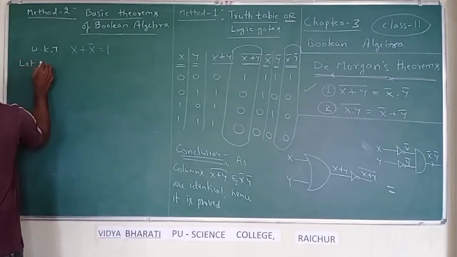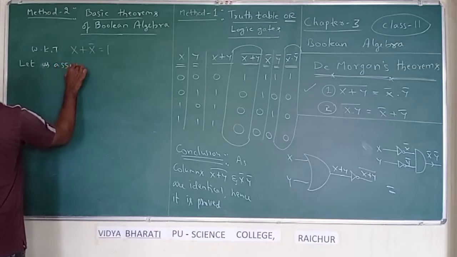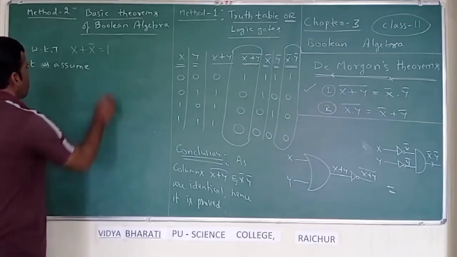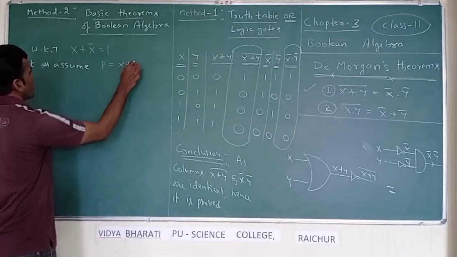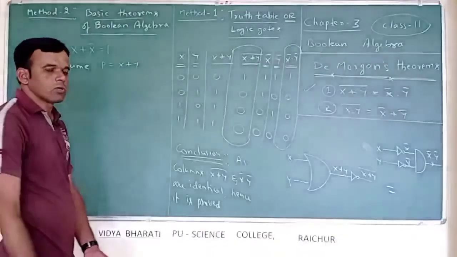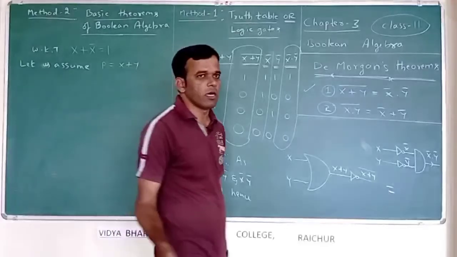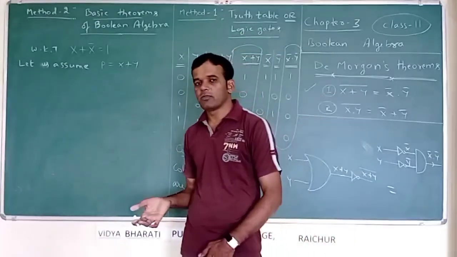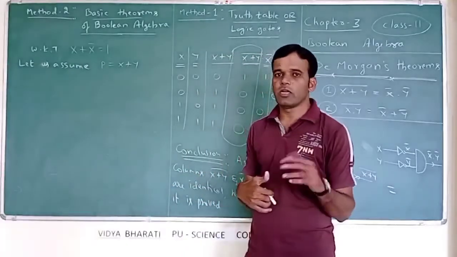We will go for an assumption here. Let us assume p equals x plus y. All three variables p, x, y are logical variables. They should have either 0 or 1; we are considering only 0 and 1 in Boolean algebra.